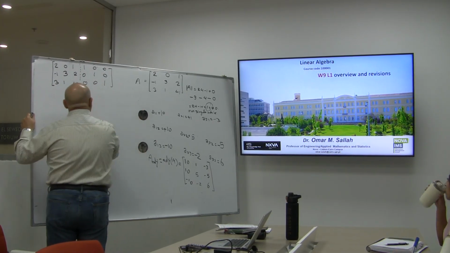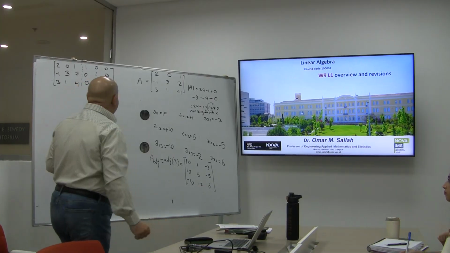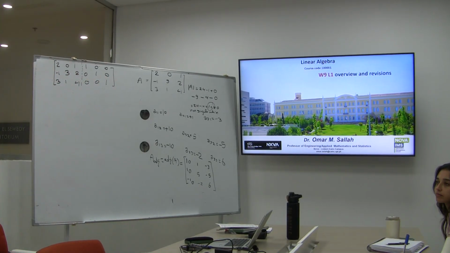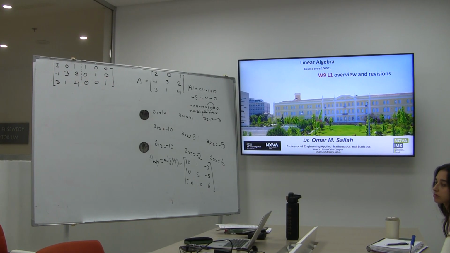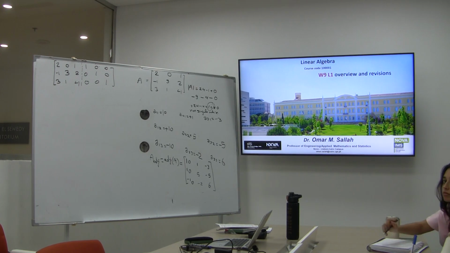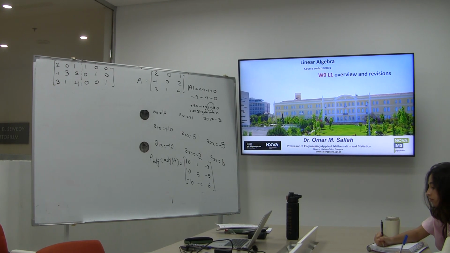How to get the inverse now? In order to get the inverse, all I have to do is to use the row operations or the elementary matrices in order to get a unit matrix instead of the main matrix.